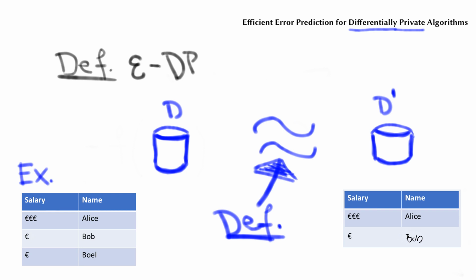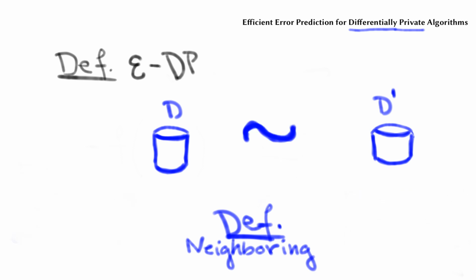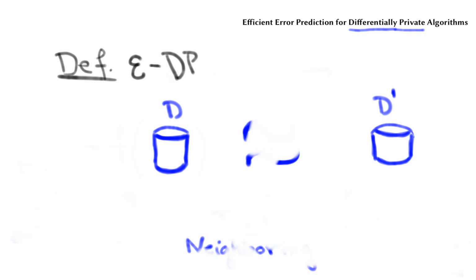Therefore, they are almost the same, and we say that D and D prime are neighboring databases. As we can see from this example, we can create D prime from D by removing just Bob's row. So when I say the databases are almost the same, I mean the databases are neighboring.